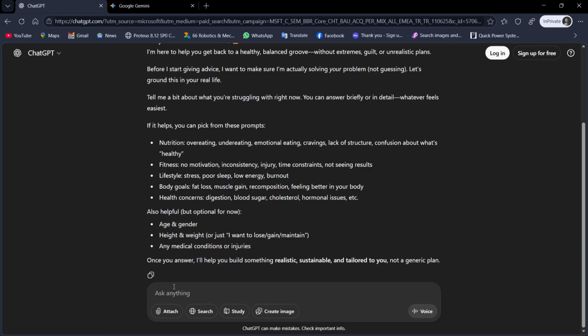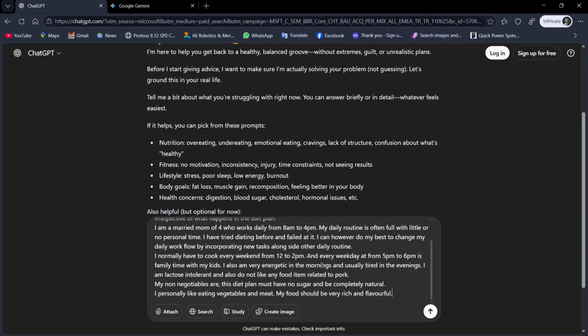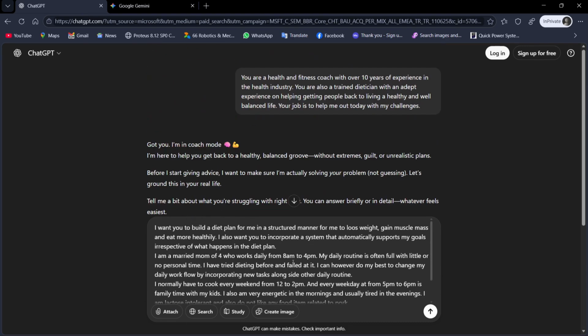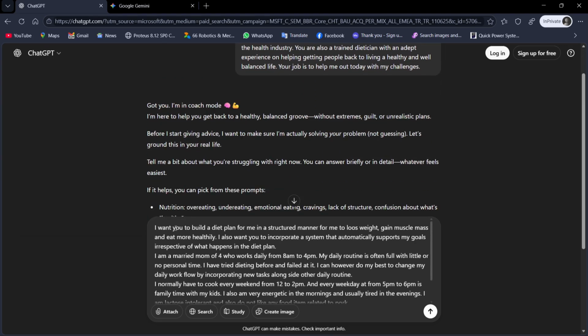So now this prompt is where we go deeper and provide more context to our situation. Let's see. It says, I want you to build a diet plan for me in a structured manner for me to lose weight, gain muscle mass, and eat more healthily.